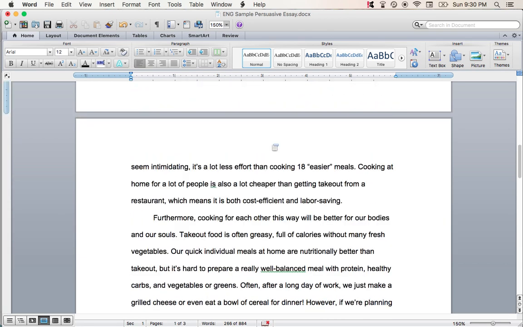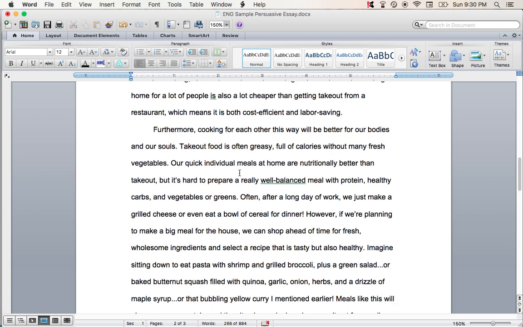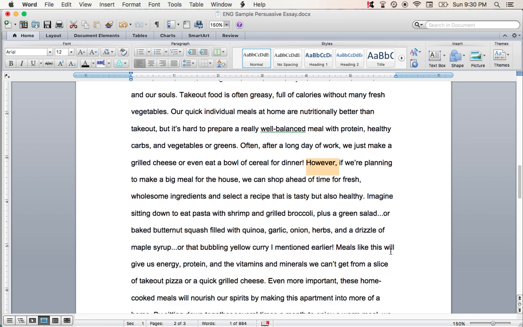Okay? And as you're going along, remember that you can also use signal words to orient the reader and show connections between different things, right? Furthermore, here's another point, similar to the last point, but not the same. However, now I'm going to say something that is a little different than what I was just saying. However, or but, you know.